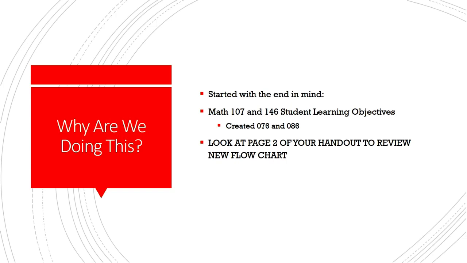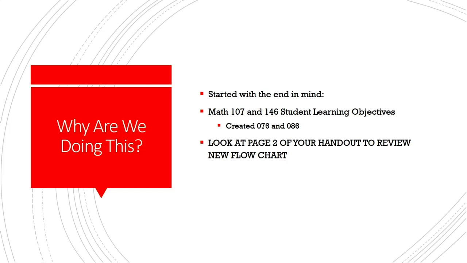So we start with the end in mind. Math 107 and 146 student learning outcomes were looked at. The math department here grabbed those course information forms, looked over the student learning objectives, and said, what do our students need to know from these courses in order to be successful? And that's how 76 and 86 were created.